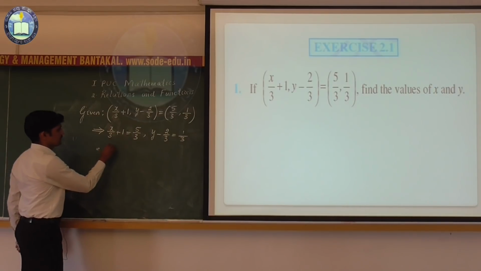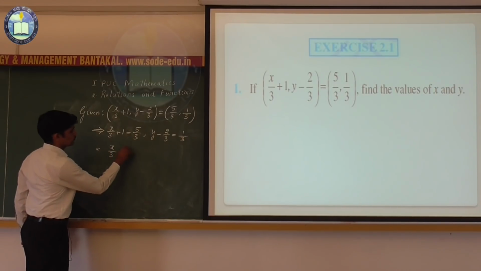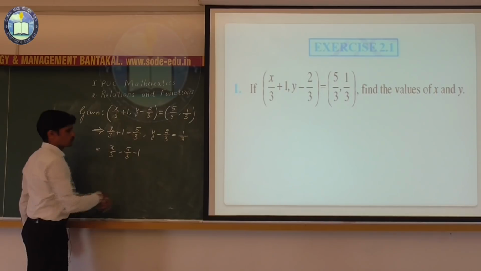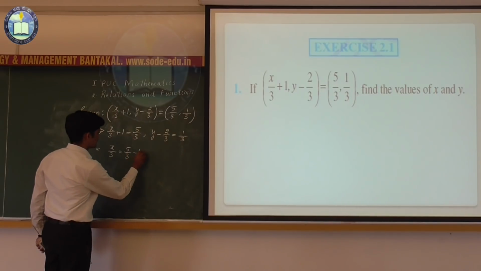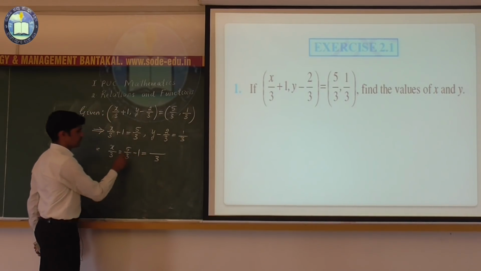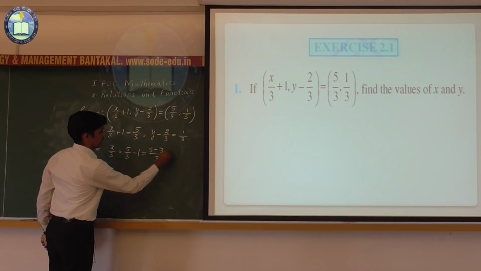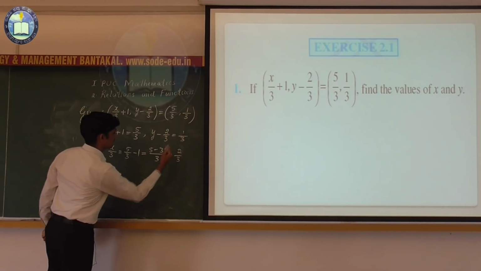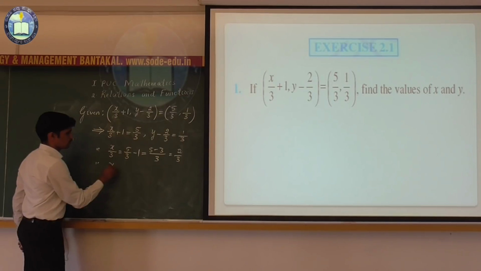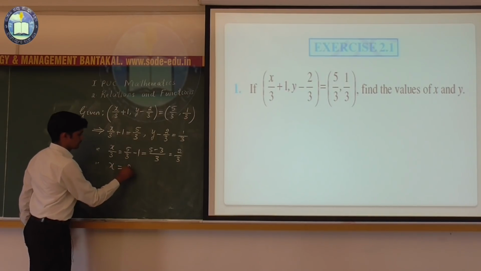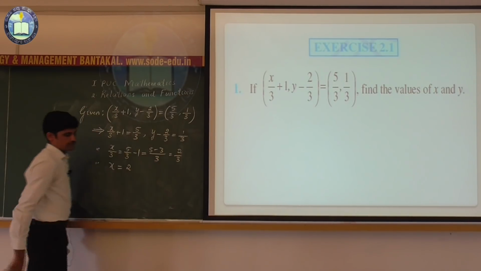That is, x by 3 is equal to 5 by 3 minus 1, which is equal to 5 minus 3 over the LCM 3, that is 2 by 3, or x is equal to 2 by 3.